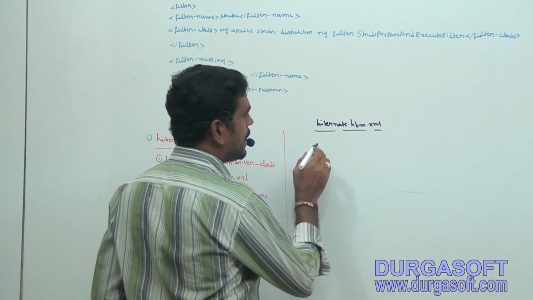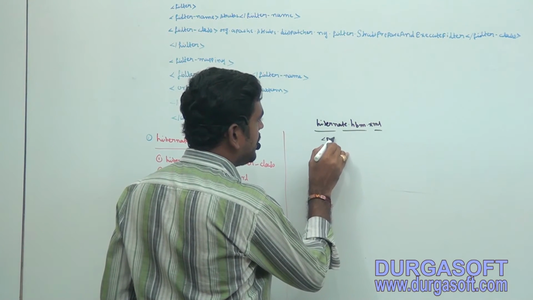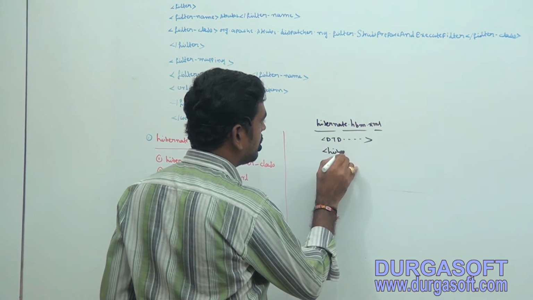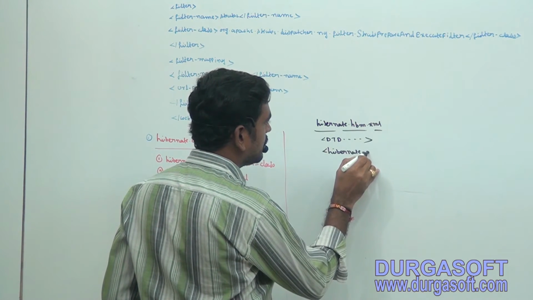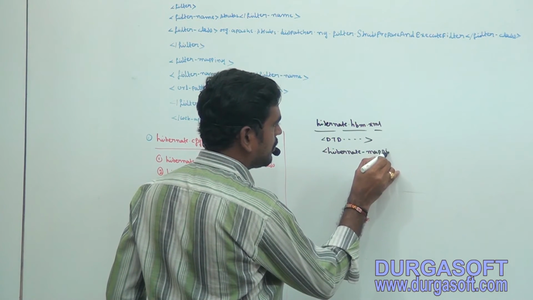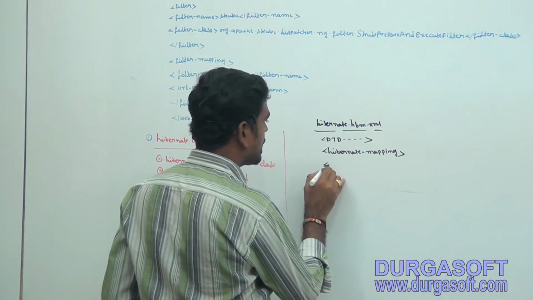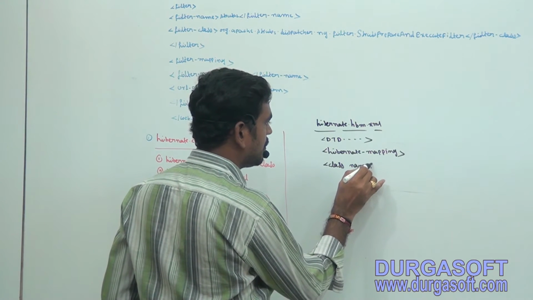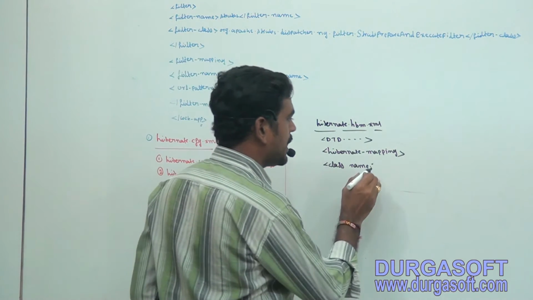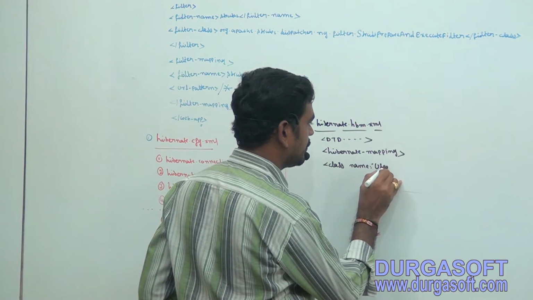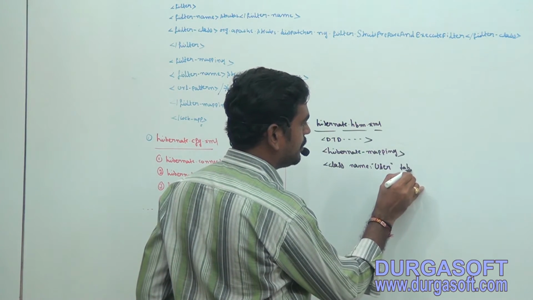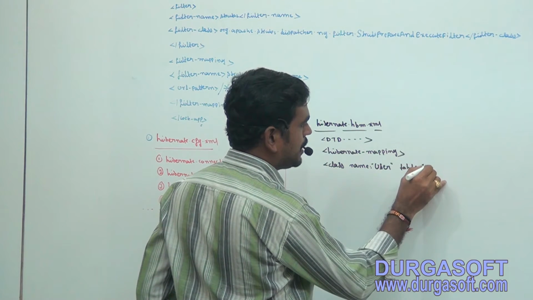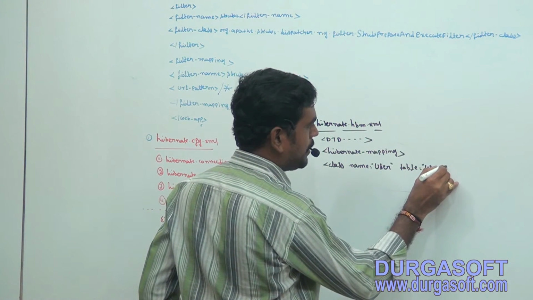Here we configure first of all the DTD, the next hibernate-mapping, the next class name equal to some class name. For example, here I am taking User. Table equal to user451. My table name is 451.